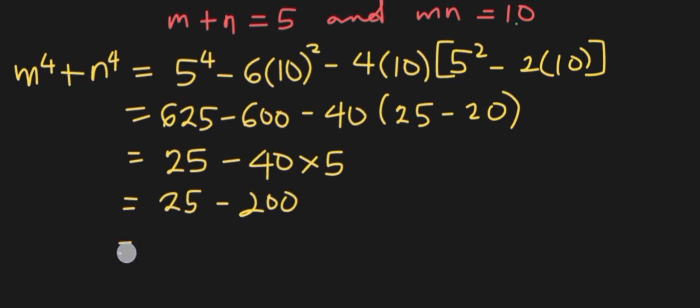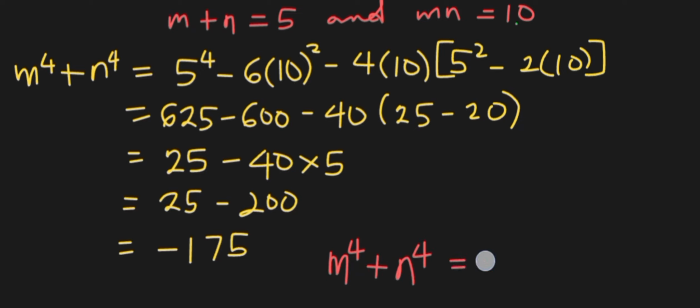And 25 minus 200 gives negative 175. Thus, we could say that m to the power of 4 plus n to the power of 4 is negative 175. Now, this looks better, devoid of any calculations with complex numbers.